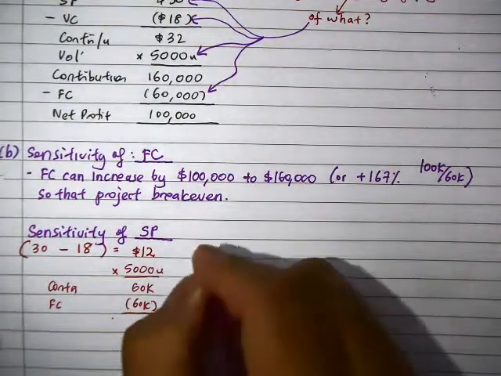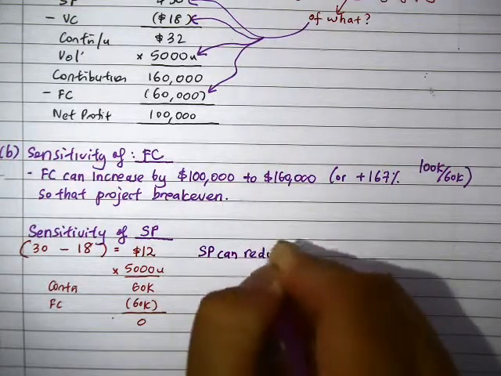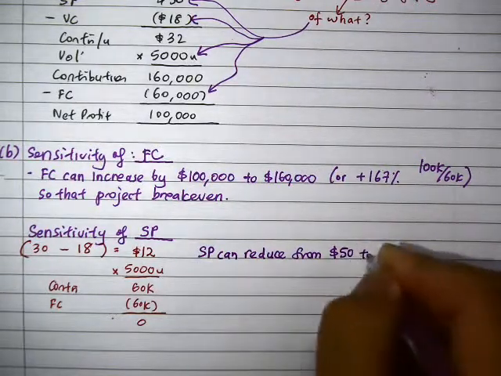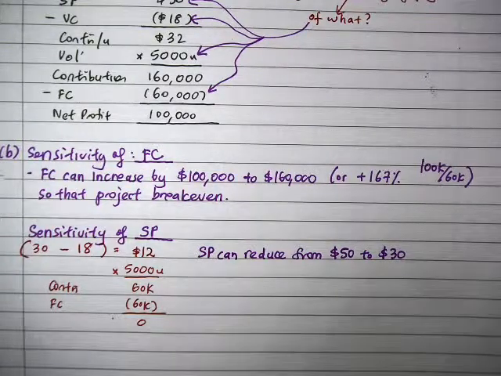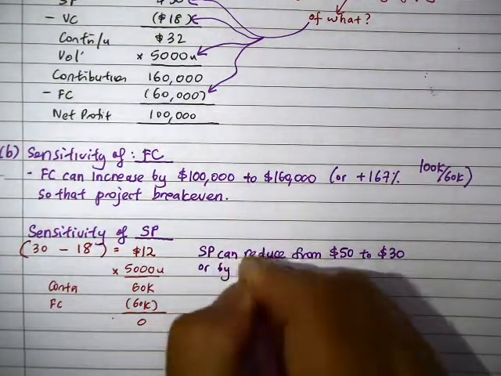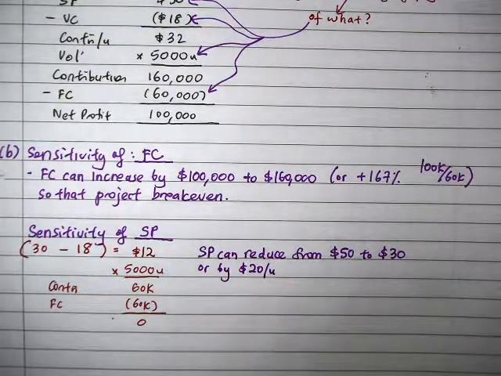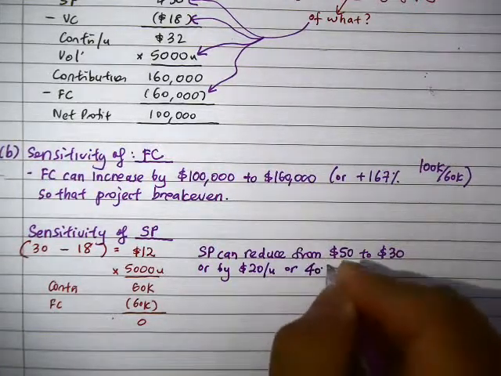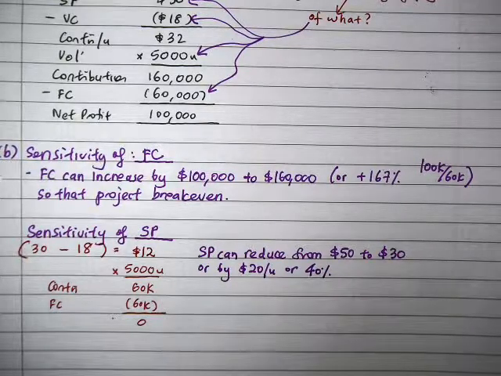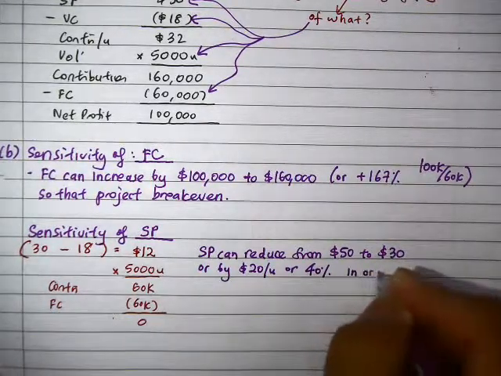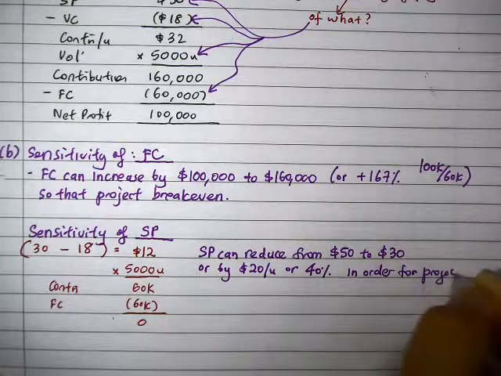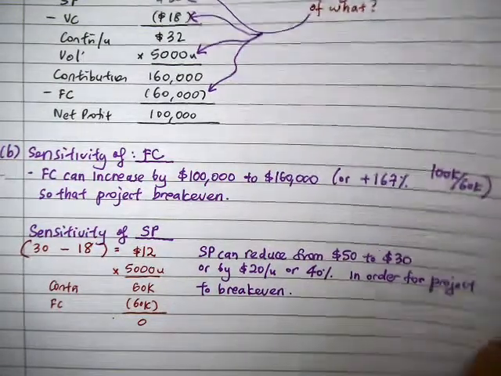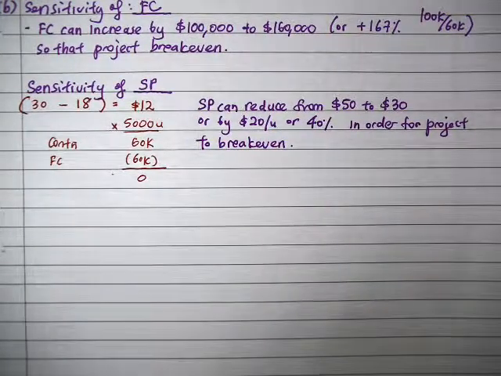So in that case, selling price can reduce from 50 to 30, or by 20 per unit, or we can say 40%, in order for the project to break even.